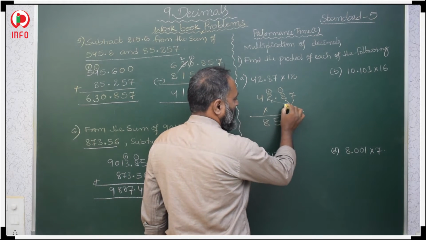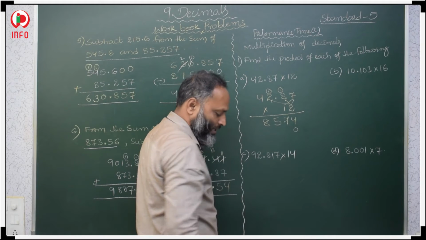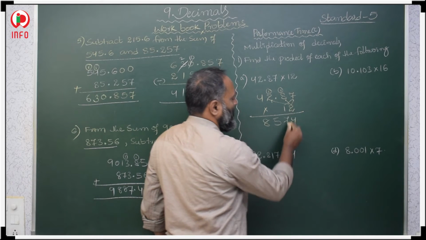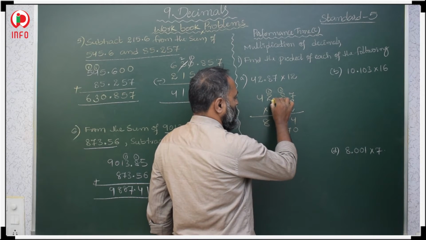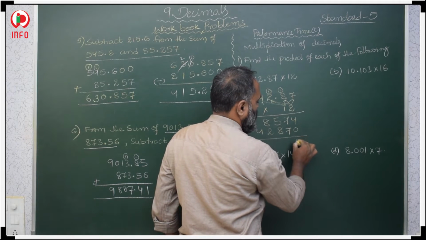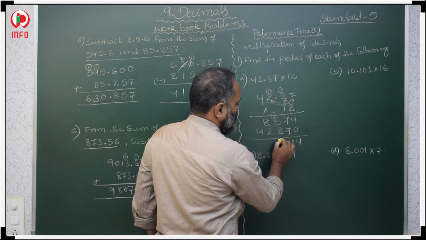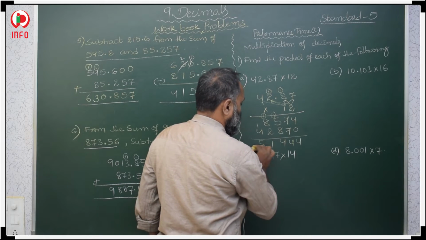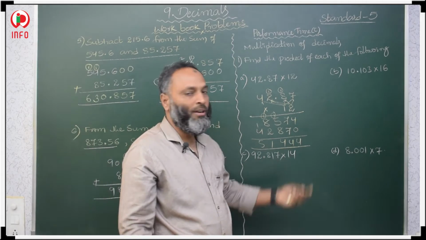And after that in the tens place, if we multiply with tens, then keep 0 here. 1 7s are 7, 1 8s are 8, 1 2s are 2, 1 4s are 4, then add: 4, 14 and 1, 8 plus 5, 13 plus 1, 14 and 1, 10, 11, 1, 51,444.